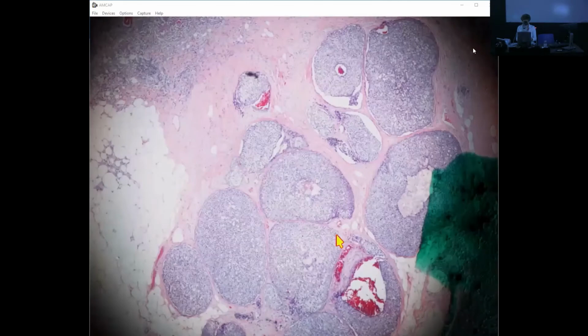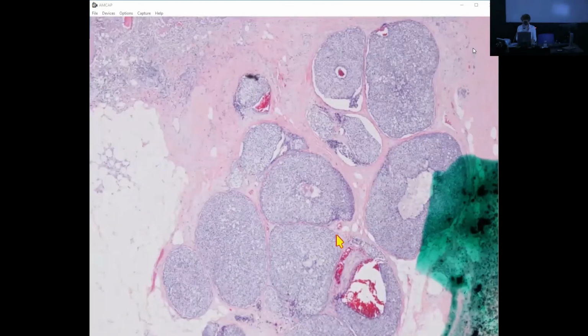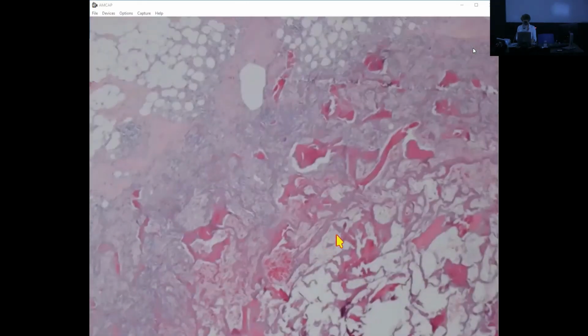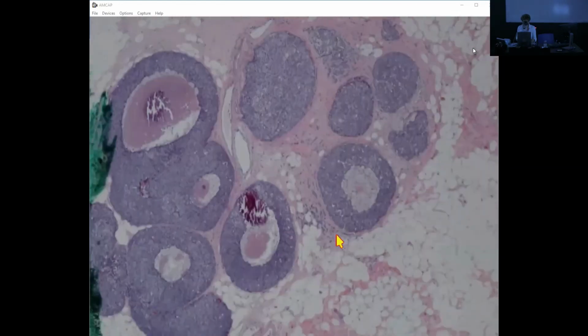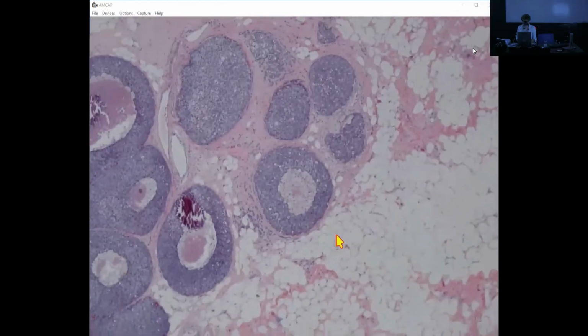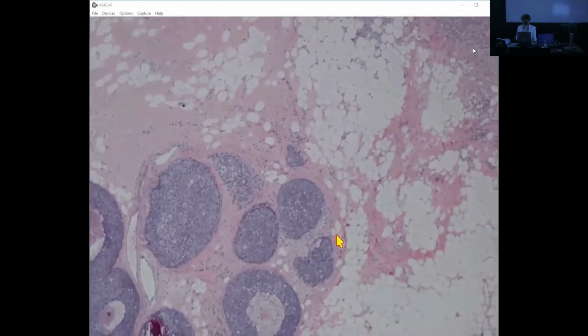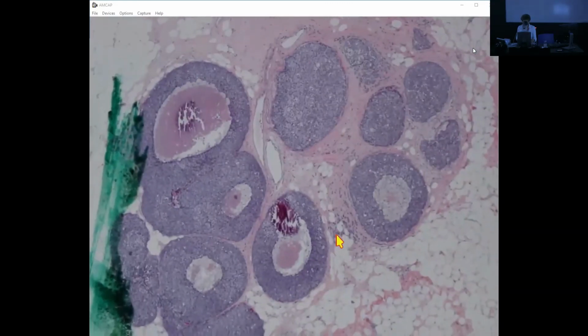I can ask your opinion on this. Here is another case where there is an in situ carcinoma. It was biopsied, so this is the excision specimen. And there is invasion. What do you think about this case?